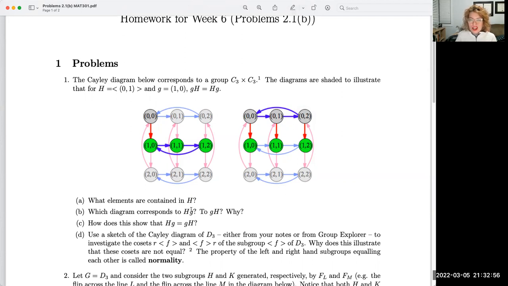So what are the G arrows? Well, the G arrow is the red arrow because that's the one that goes from the identity to the element 1, 0. Okay, so little g is the red arrow here.